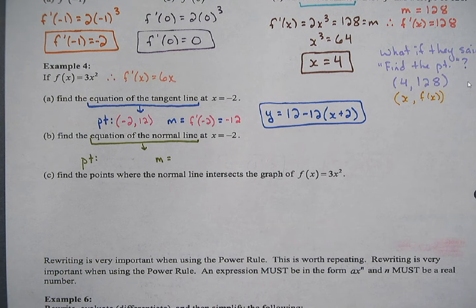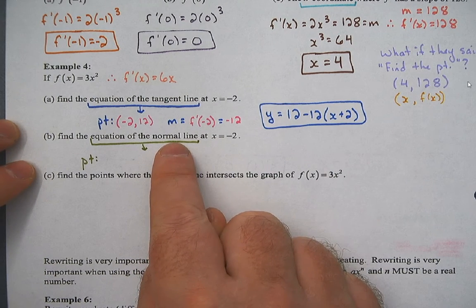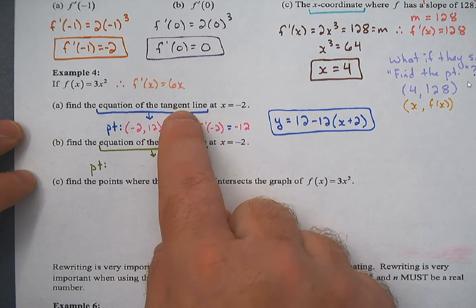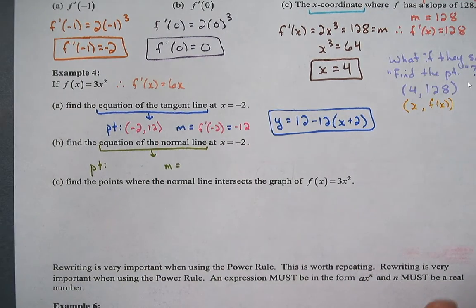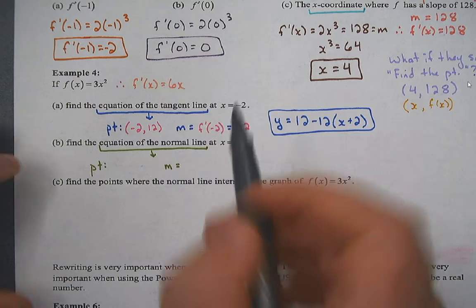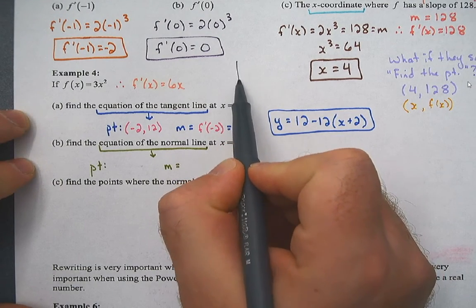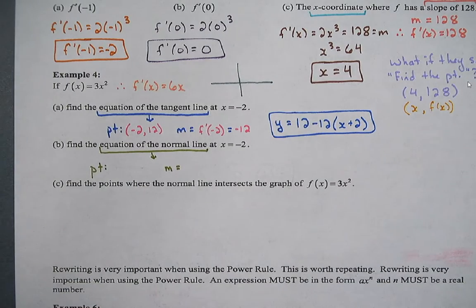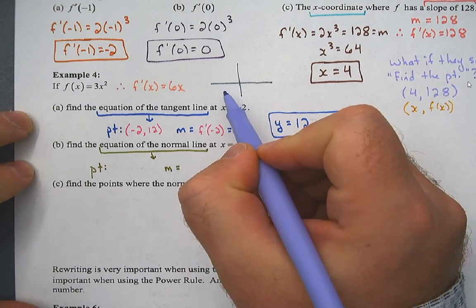Now, this is for the normal line. So the point isn't an issue. The normal line, remember what the normal line is. The normal line is the line that goes through the curve perpendicular to the tangent line. So if I were to sketch this, how do I want to draw my curve?